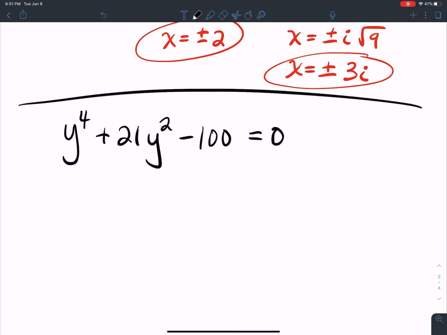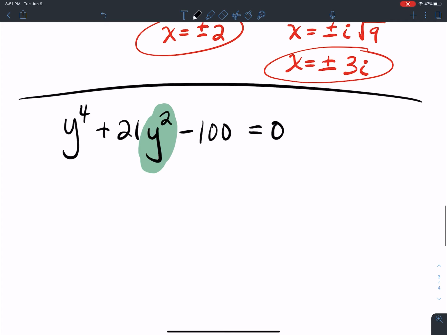So once again, I see this power to the fourth. I'm thinking u substitution because y to the fourth, that is ugly. So u substitution, I look at this middle term right here. That's typically where my u is. So u equals y squared, okay?